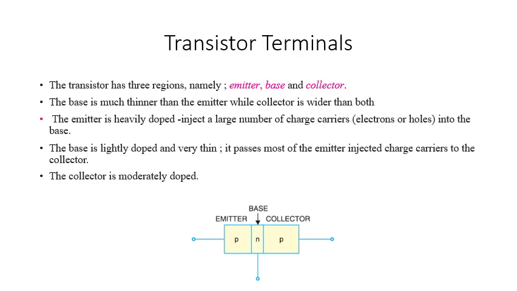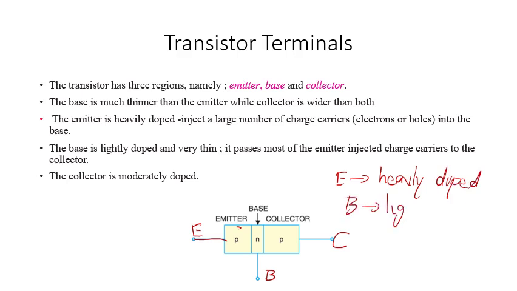The first section, the first lead, is called the emitter. The middle one is called the base, and the last section is called the collector. So what is the difference between these three regions? The emitter region is heavily doped, the base is very lightly doped, and the collector is moderately doped.